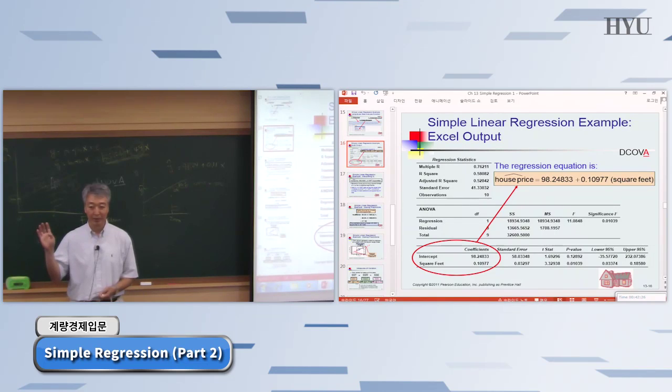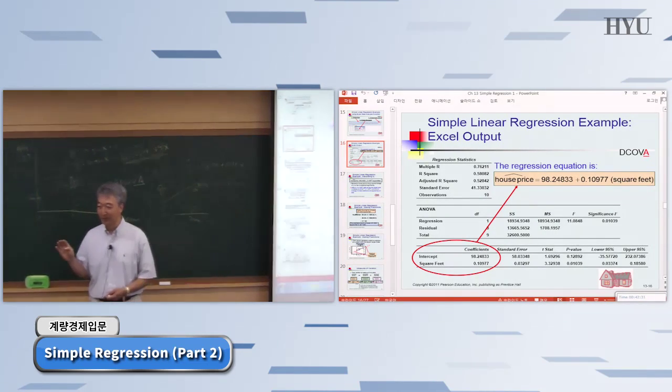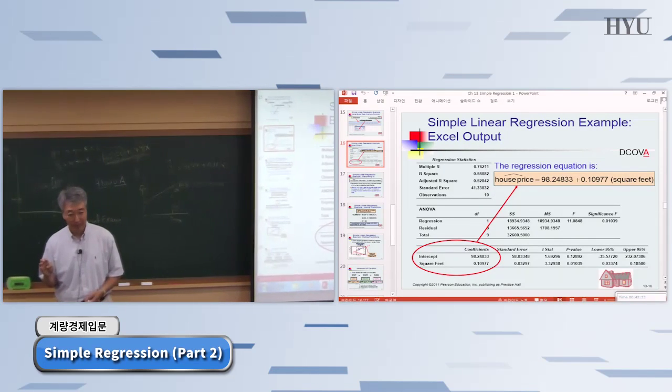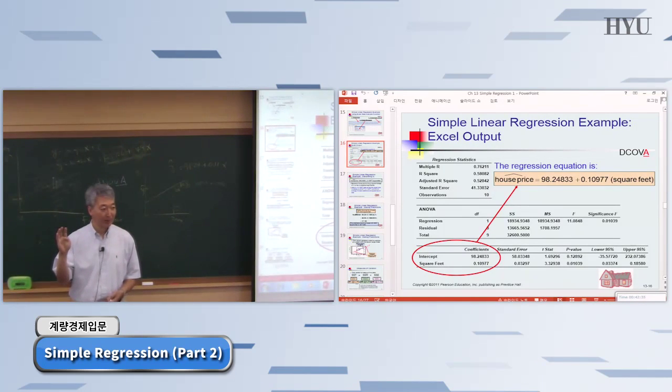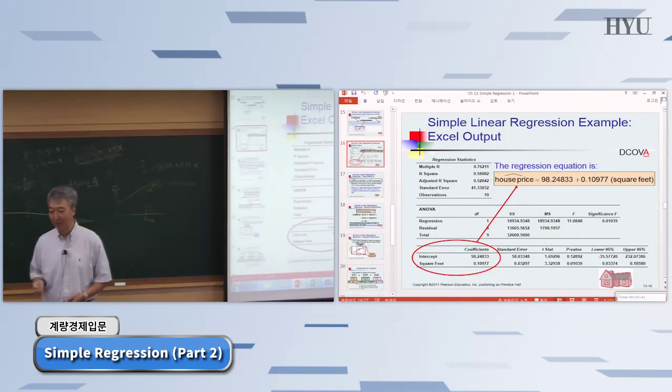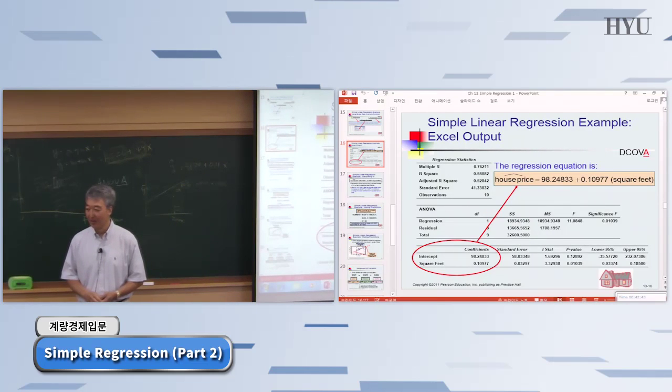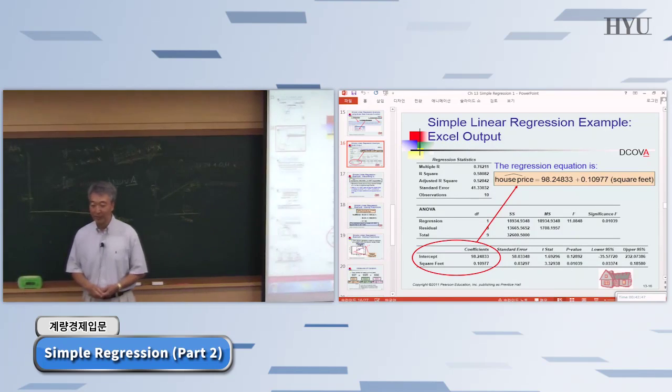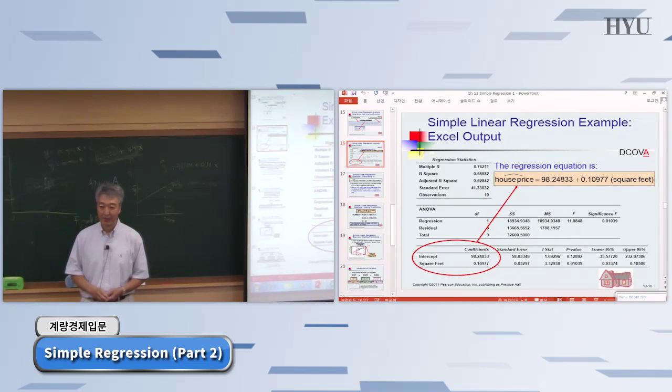First thing is location. Where the house is, right? Second thing is location. Third thing is location, right?